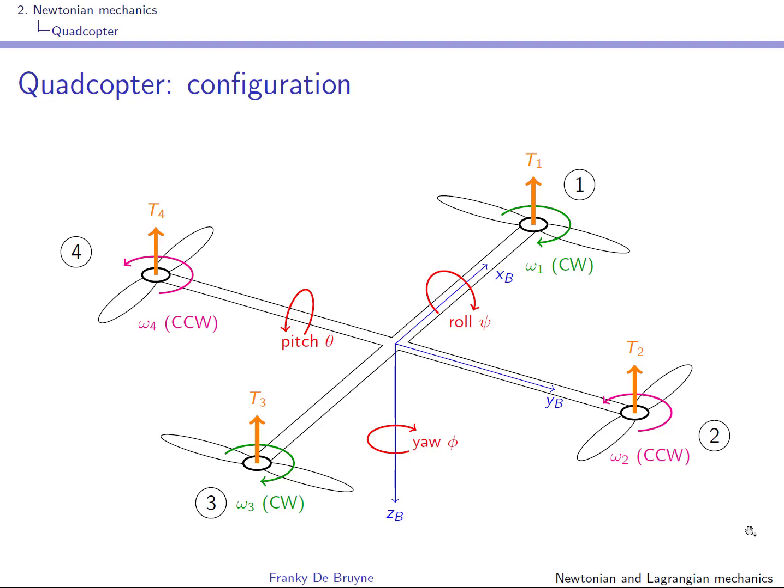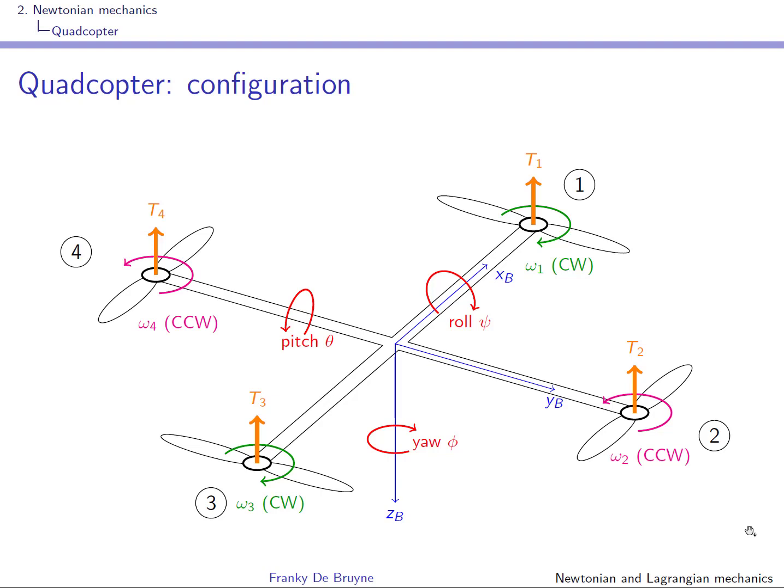Yaw is phi here, and as I said, if you're pointing downwards, you will see that the natural curl of the fingers goes in the direction of a positive yaw, and so a positive yaw is as shown on the screen. And how can you obtain a positive yaw? Well, you have to make sure that the rotors 1 and 3 are turning faster than the rotors 2 and 4, and that will produce a yaw.